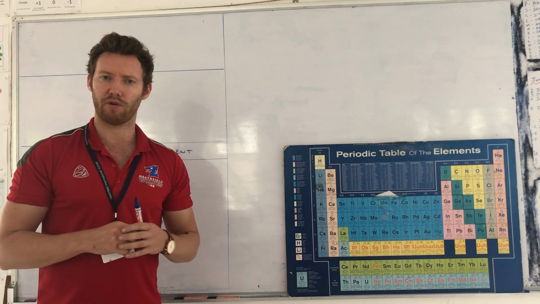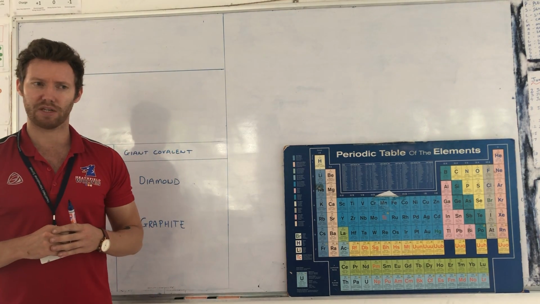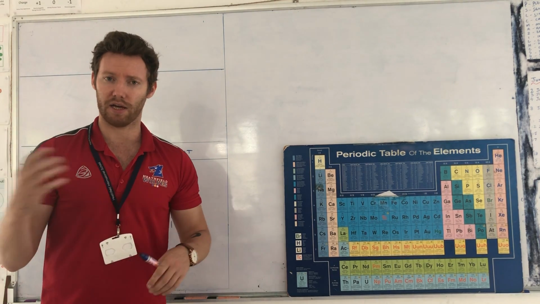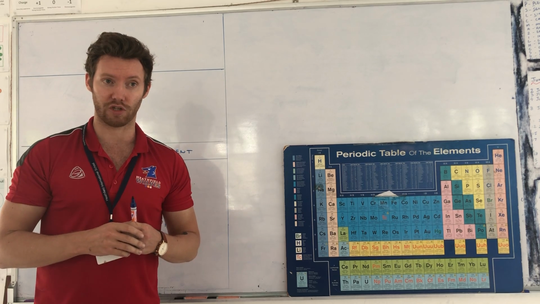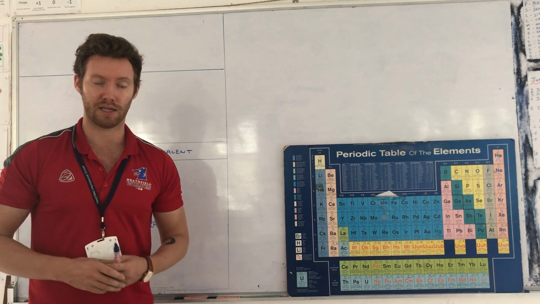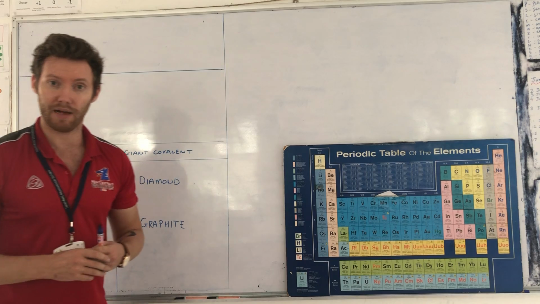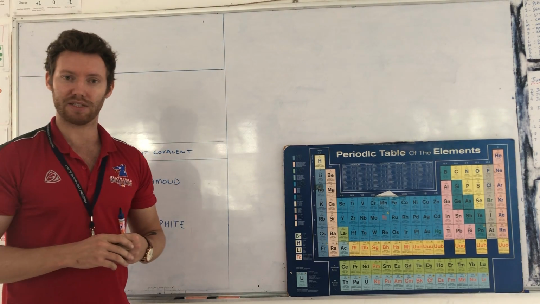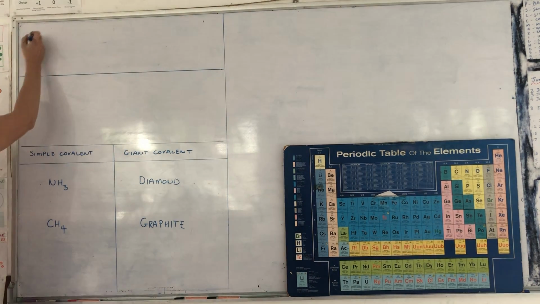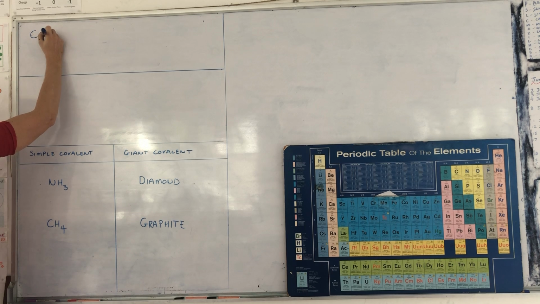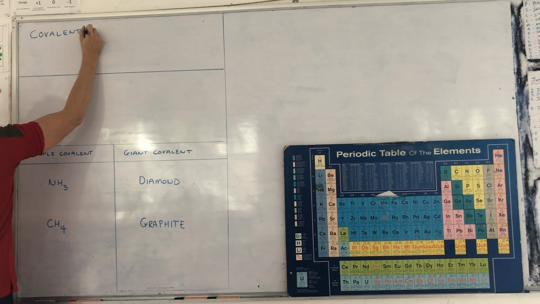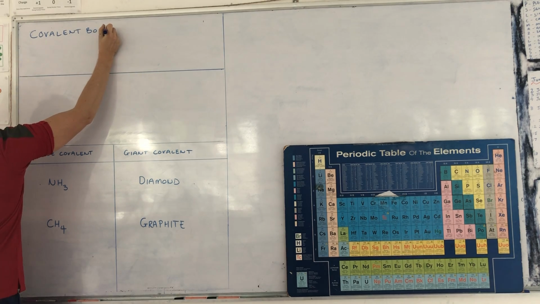Covalent bonding is a little more advanced than ionic bonding because then we need to look at simple and giant covalent structures and the difference between these. Okay, so similar to last time, let's start with our definition of covalent bonding. If you remember, in the last lesson, we looked at ionic bonding.